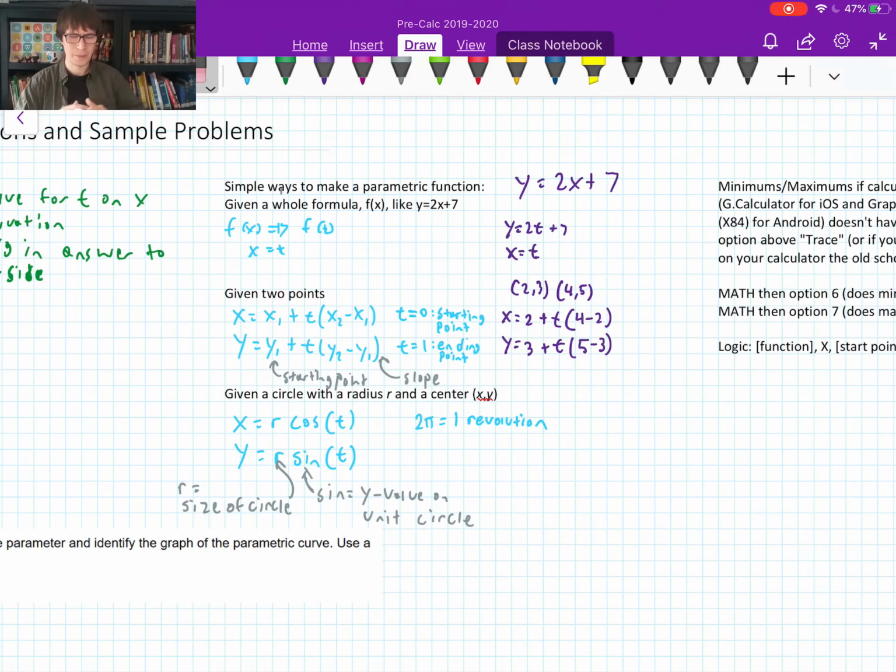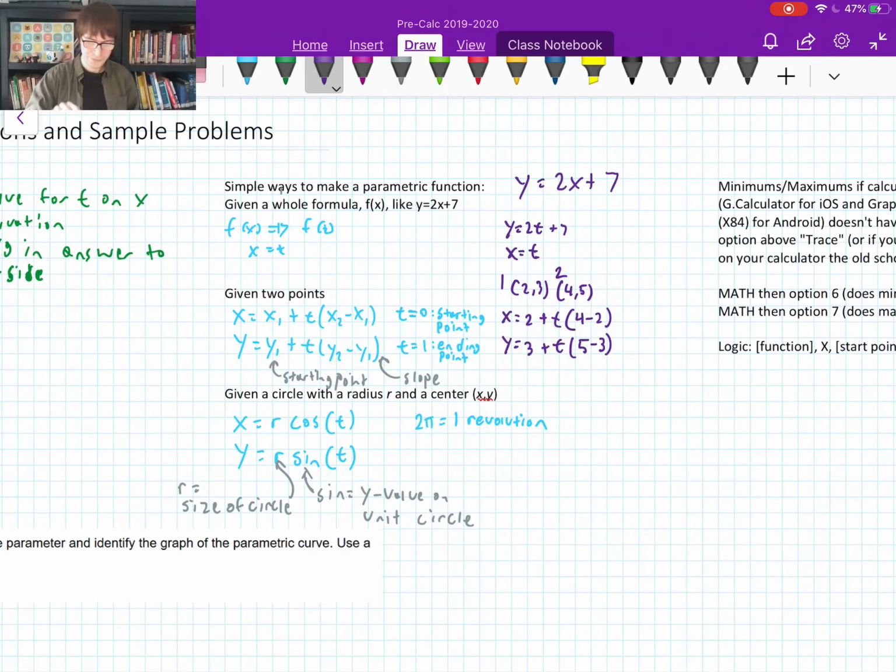In a few seconds, I'll be able to show you exactly why this works the way it works. So, if you have 2 points, let's say point 1 and point 2, then x should equal x1 plus t times (x2 minus x1), and y should be y1 plus t times (y2 minus y1).